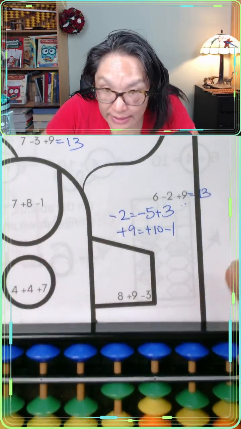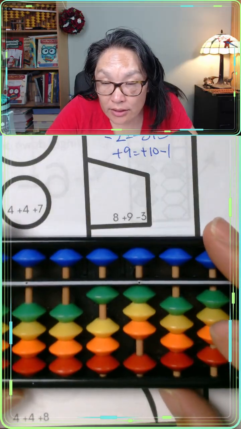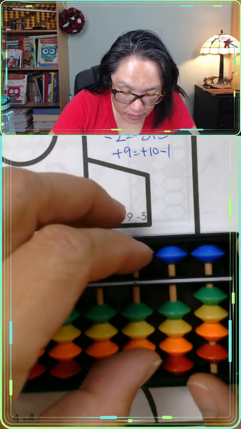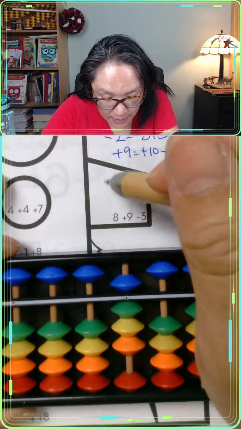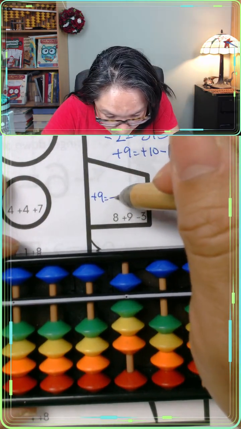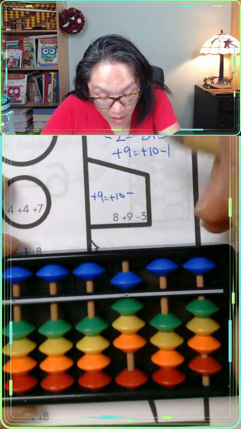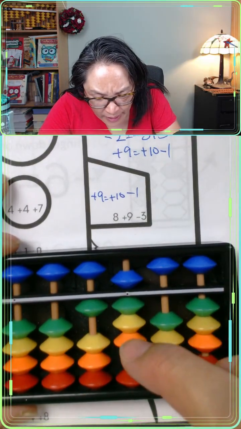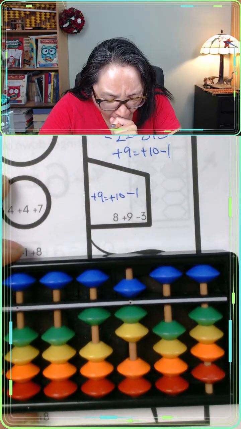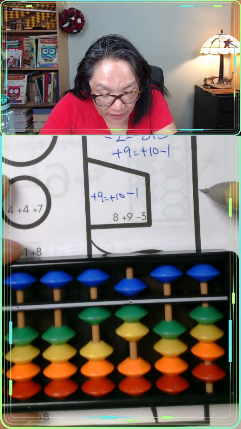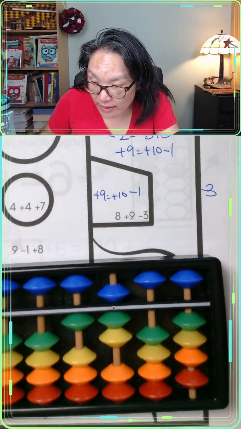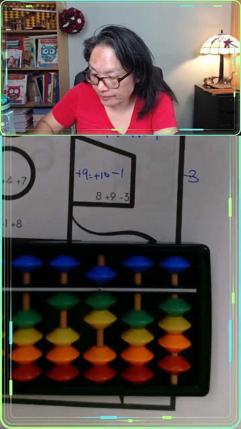So this one is 8. Plus the 9 is equal to plus the 10 minus 1. And then we need to take away the 3.